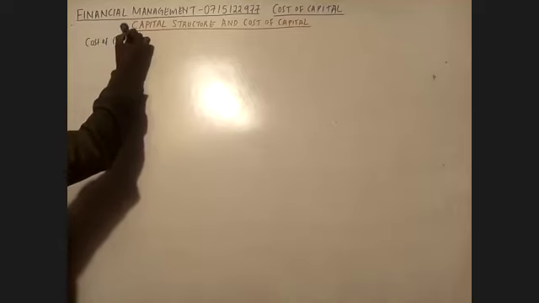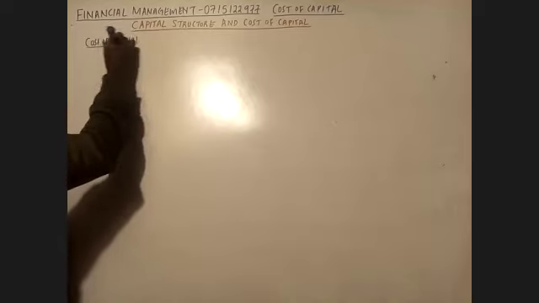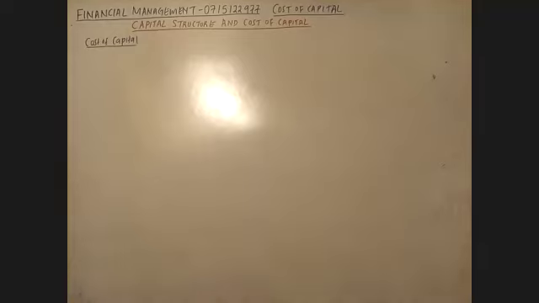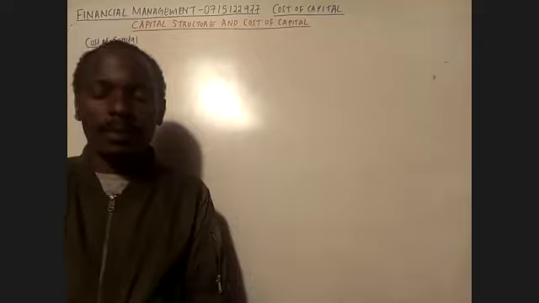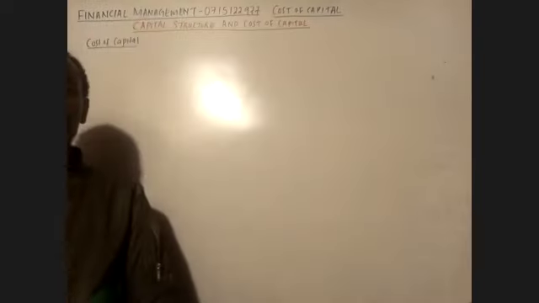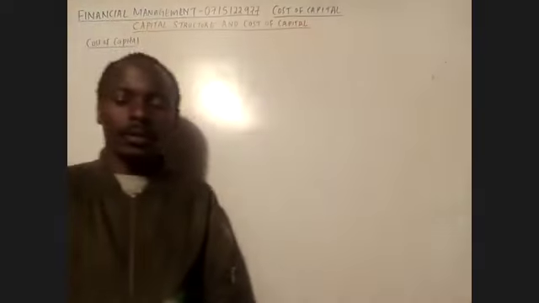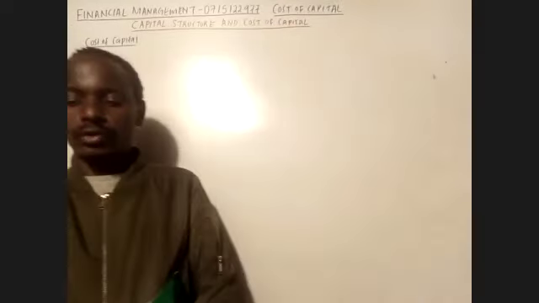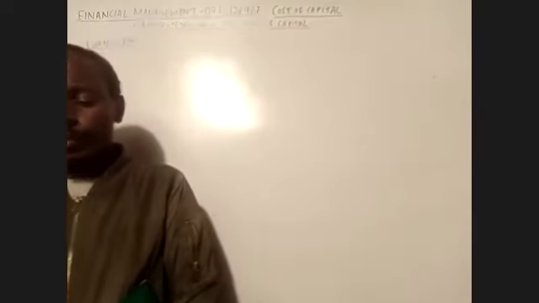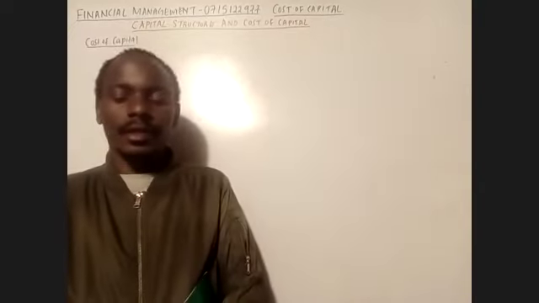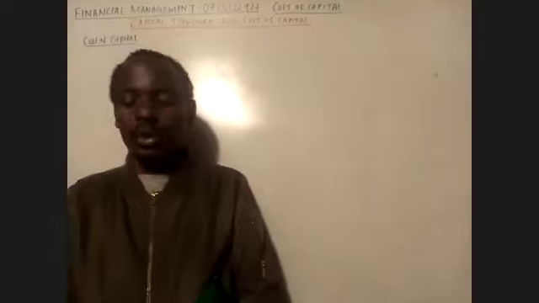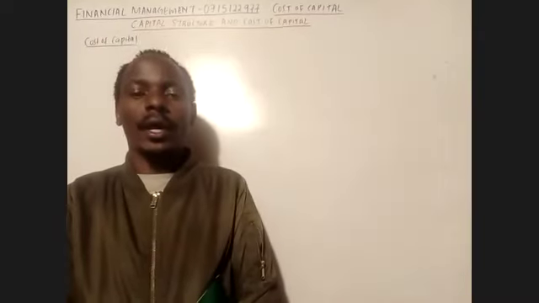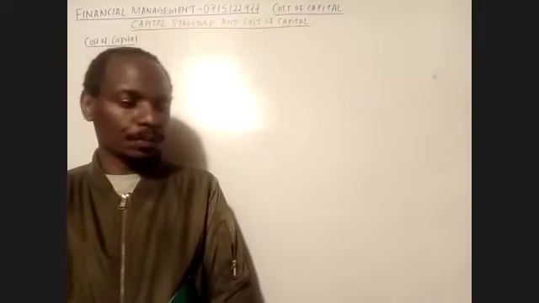Cost of capital can be defined from two perspectives: the business perspective, and the perspective of the owner. If you define cost of capital under the perspective of the business, it refers to the cost incurred by the organization in order to acquire funds for operation.